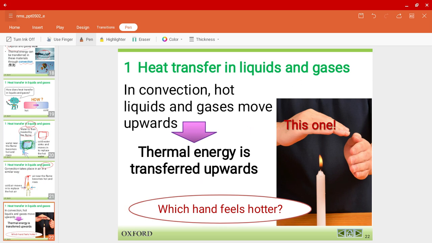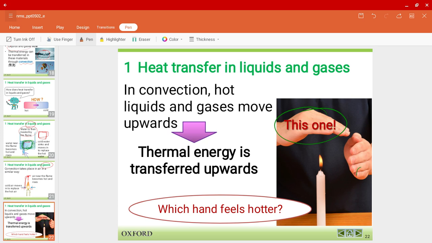Having a look at the picture on the right over here, which hand feels hotter? I think you can already see the answer there, but that's not the point. The point is when you have, for example, a candle or even a Bunsen burner, which hand will feel hotter? Of course, the hand that is right above the flame.